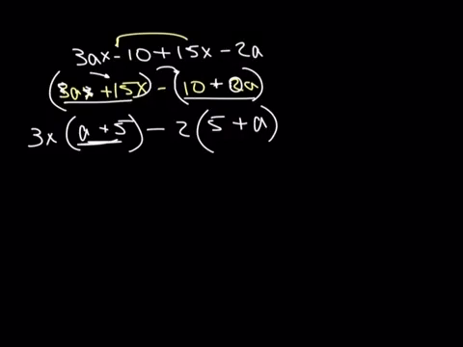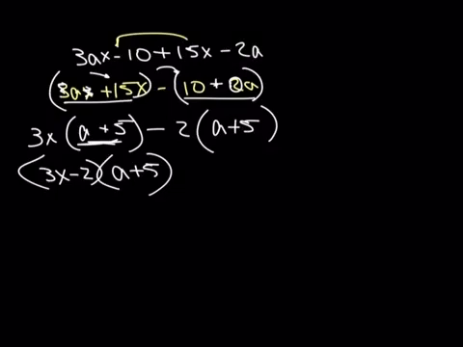Now notice I have an a plus 5 and a 5 plus a, which you're all smart enough to realize are the same thing, so I'm just going to rewrite it as a plus 5. Take the numbers outside and group. Take the group inside because they're the same and write them like that. And I am good to go and done.